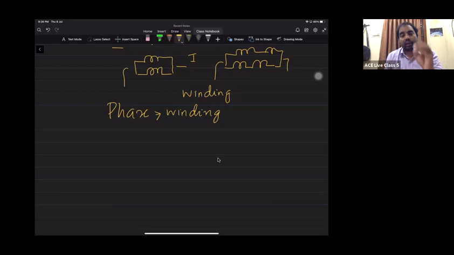So finally, can I give a statement? Two conductors joined with some end connection will form a turn. Such turns connected in series will form a coil. Such coils connected in series and parallel will form a winding, and a winding is nothing but a phase.